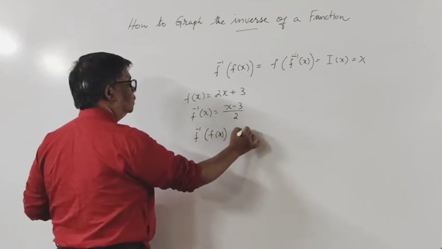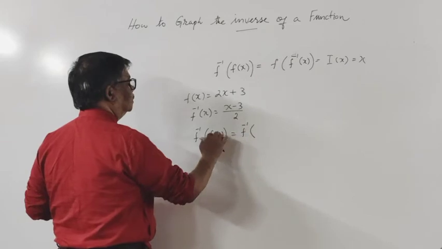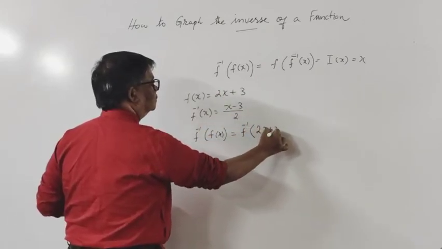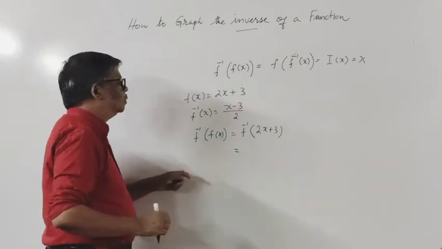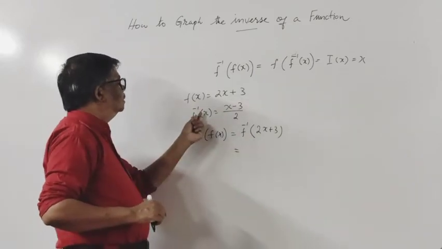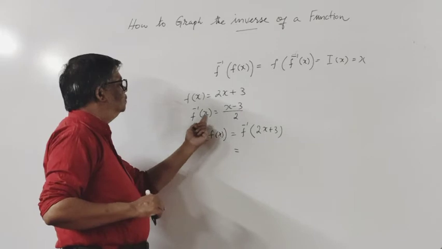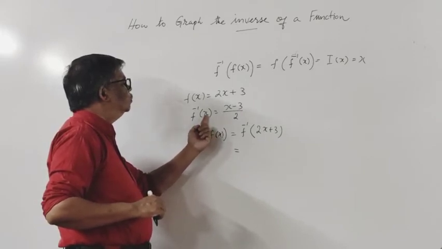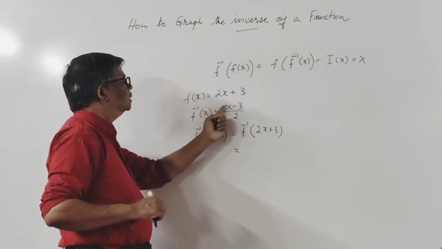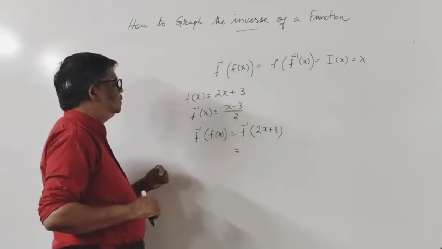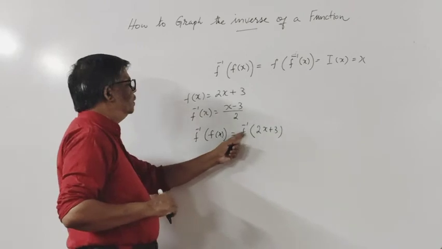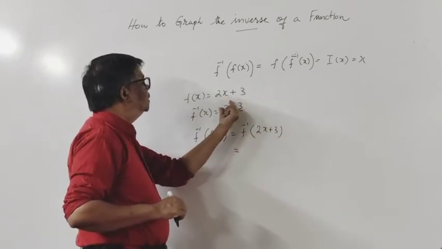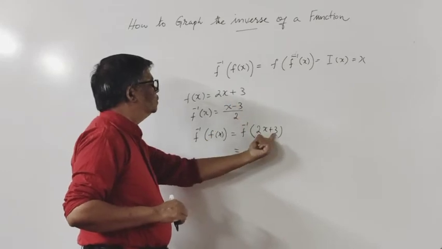This is equal to f inverse of f of x, meaning 2x plus 3. Now the rule of f inverse is that when this x is input here, you have to calculate the value of the image by putting this x here. That means (x minus 3) by 2. In similar manner, f inverse of 2x plus 3 can be calculated by replacing this x with 2x plus 3.